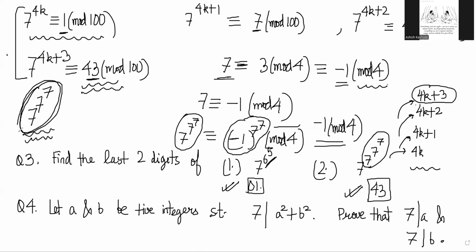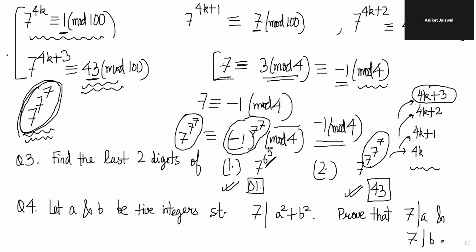And if you focus on your power, not blindly again, we looked at 7 mod 4, it is 3 mod 4. We cannot raise this to the power of k because 3 power k will again become annoying. So what we write 3 instead, we write it as minus 1 mod 4. It's the same thing, correct?